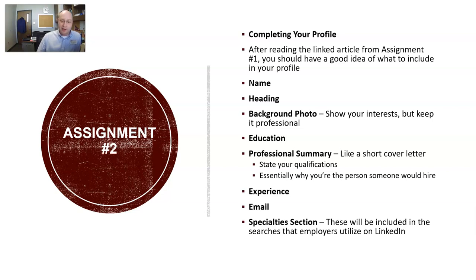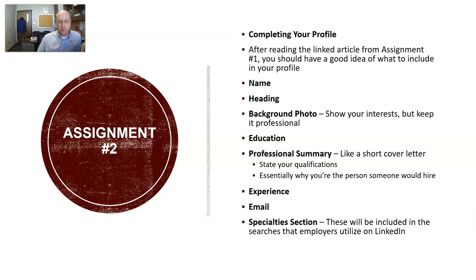You're going to include your education, of course. You're going to include a professional summary, which is essentially a short cover letter. You're just going to state your qualifications, and it's almost bragging on yourself and why you're the person that someone would hire. You're going to list out your experience and your professional email, as we addressed with the resume observations.